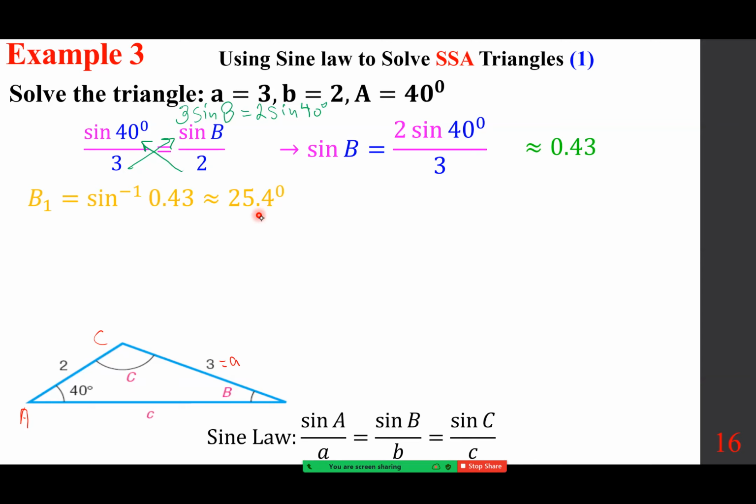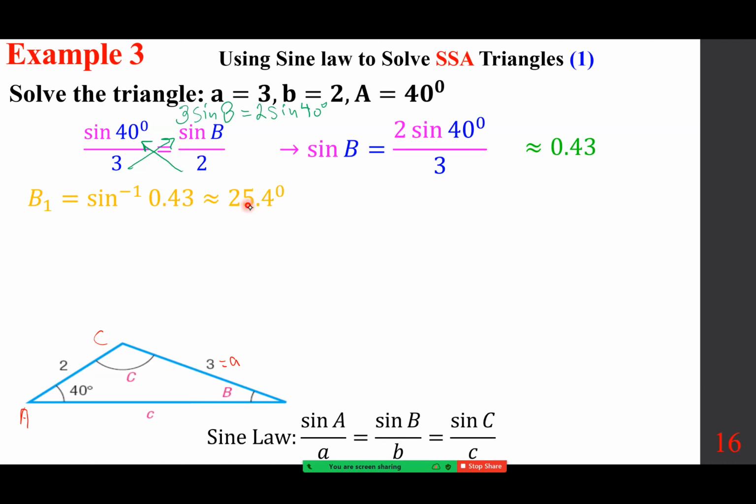Why are we writing B sub 1? You know that sine is positive in the first as well as the second quadrant. So this gives you a unique answer when you use a calculator because of the inverse function. But you have to know in the second quadrant, sine is also positive, and this would be considered the reference arc or angle.